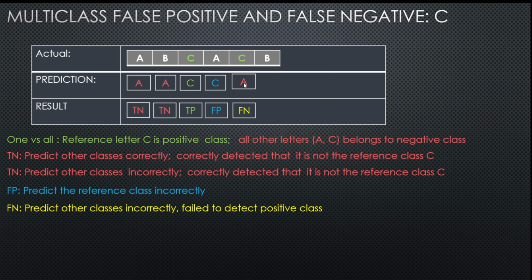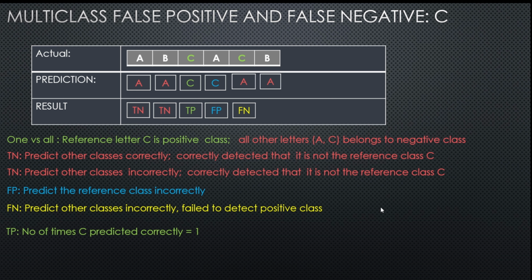So this is negative, but it is false because the actual class is C. So it should have identified C, but it could not identify it. See here, it has failed to detect the positive class. It is a false negative, as opposed to A and B, where it has correctly identified that it is not C. Therefore, this is a true negative.